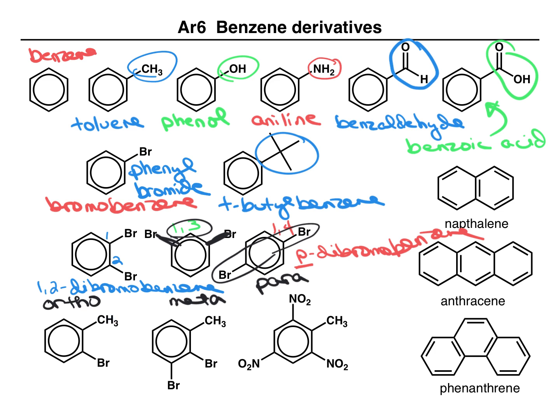So this can be called ortho-bromotoluene. So the toluene, this carbon is automatically number 1, and so this carbon then would be number 2. So ortho-bromotoluene or 2-bromotoluene.